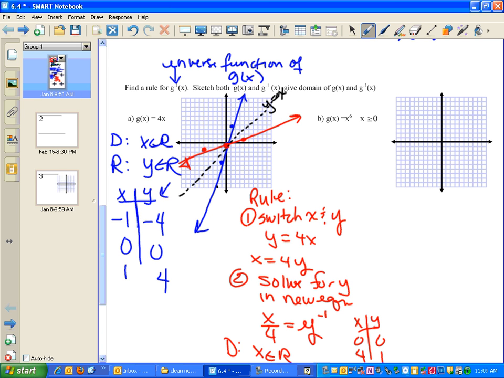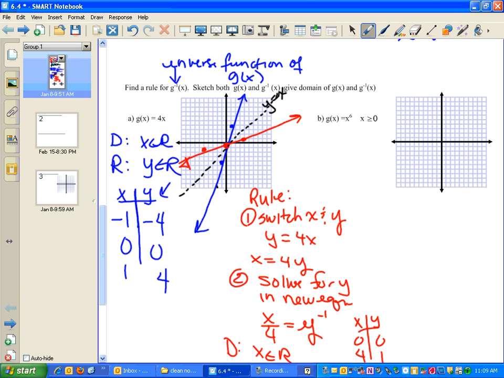Well, guess what? If the domain was the set of reals, and the range was the set of reals for my original function, and I switched the x and the y to come up with my new function, what are we going to do with the domain and the range for our inverse function? So the domain of the inverse function is what?